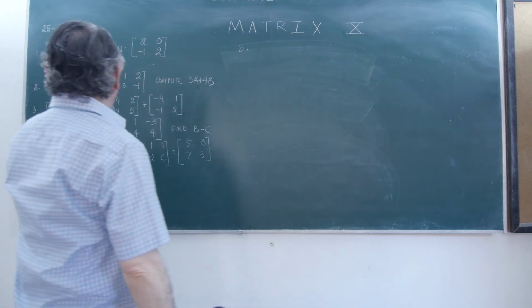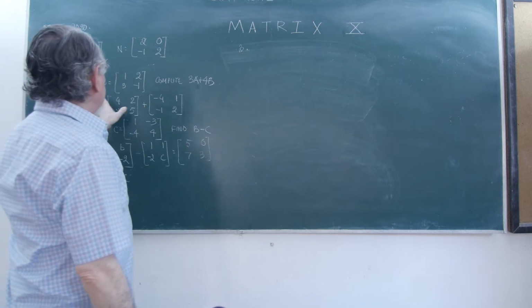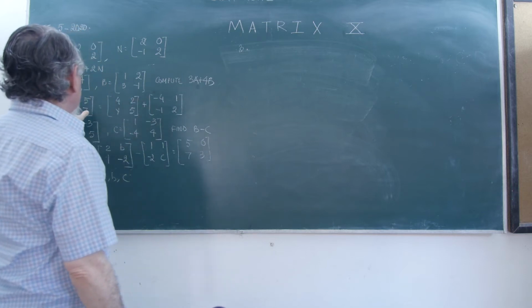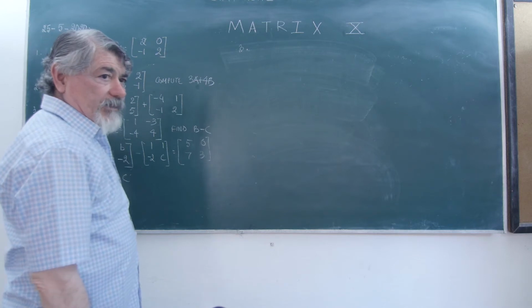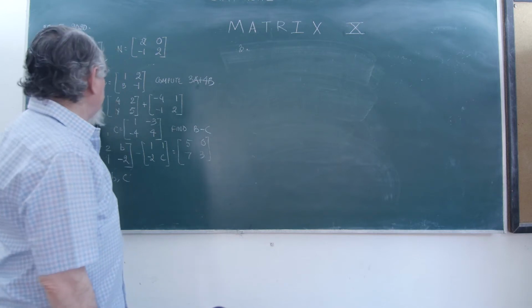It says these are two matrices. Addition of two matrices is equal to the third matrix, and we have to calculate x and y.